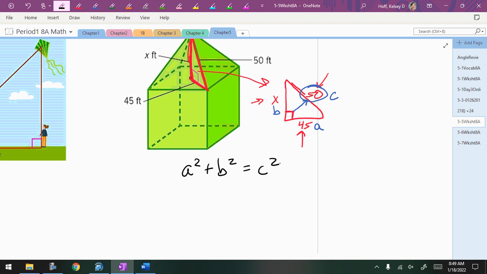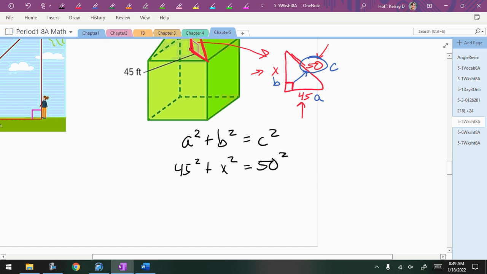What are you putting in for A? 45 squared. B, X squared, and C, 50 squared. Everybody square those numbers and write them down.